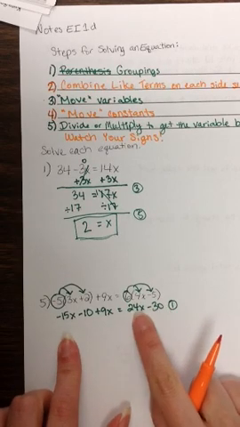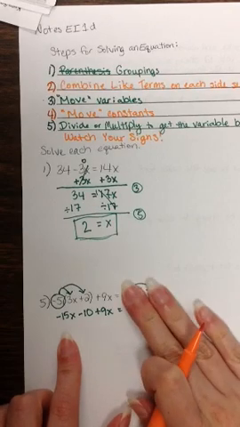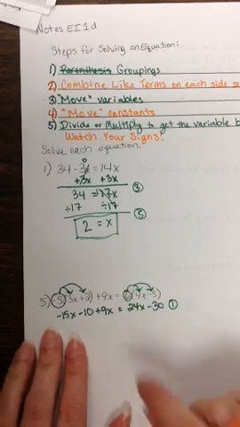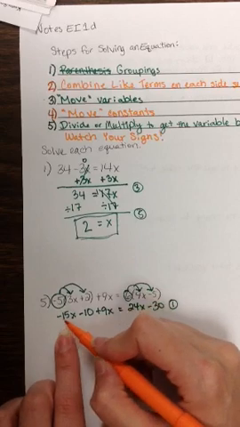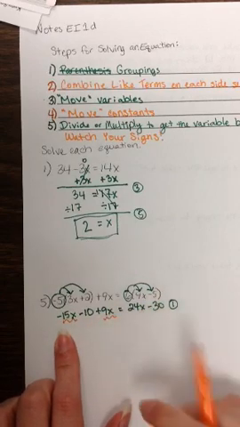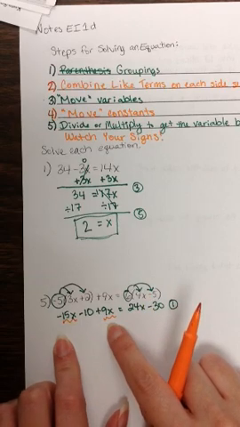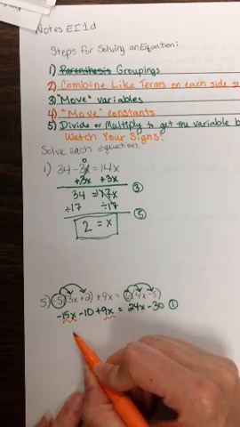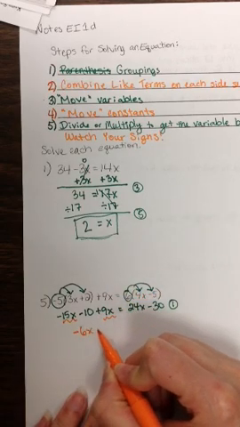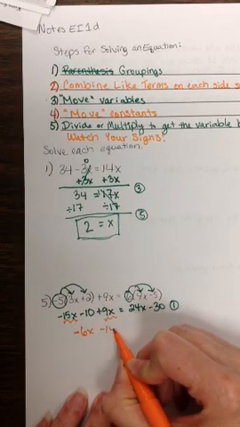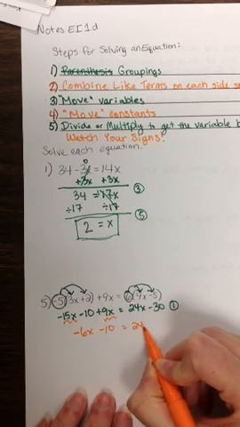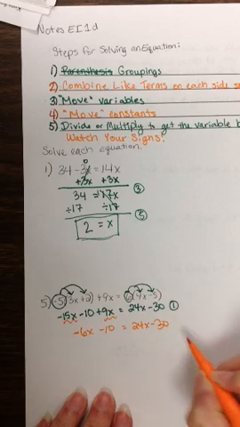So here I only have one with a variable and one without, so I don't have to do anything on the right. On the left, I have two terms that both have a variable. Negative 15x plus 9x, I'm going to get a negative 6x, bring my 10 down, and rewrite the rest of my equation.